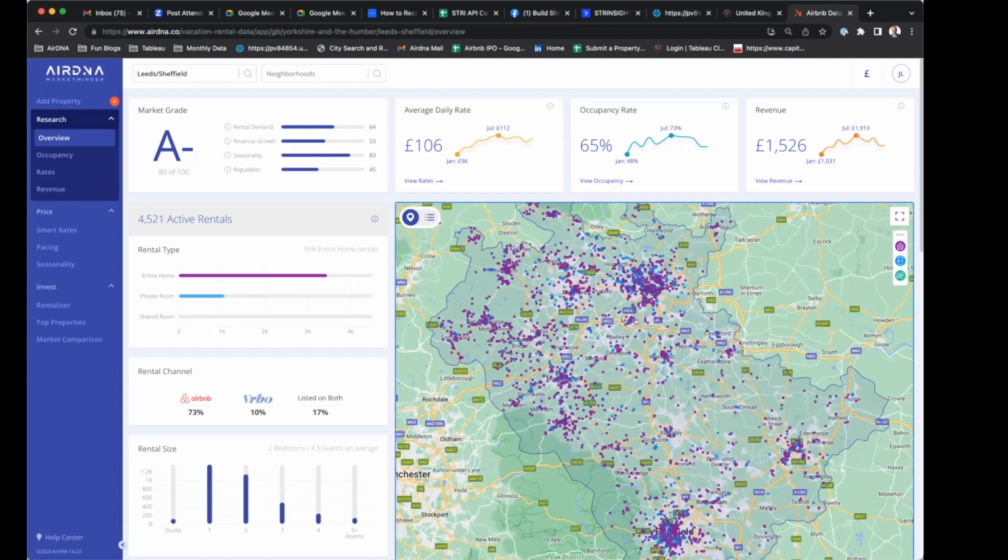So I'm going to start here. We're in the Leeds Sheffield market. And then we can look specifically at the trends within this broader area, which is dominated by both Leeds and Sheffield. I did a bit of digging prior to the call, and these markets have had entirely different performance.